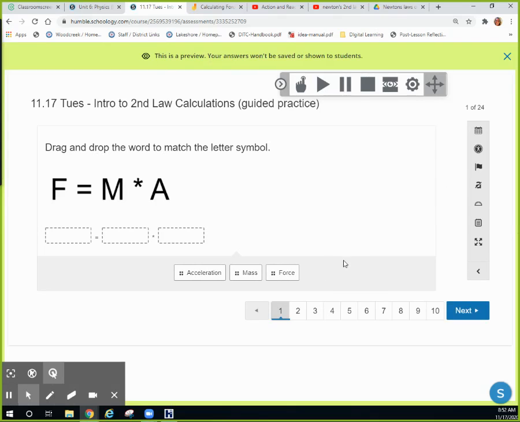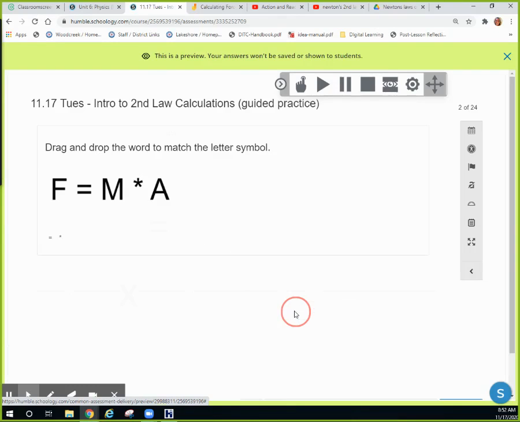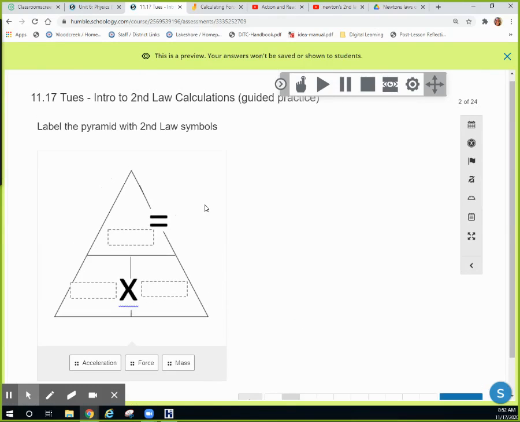The first thing we want to do in understanding this formula is ask what each of these letters means. The F stands for force, M is mass, multiplied by acceleration. So force equals mass times acceleration. And then we have our pyramid or triangle, whatever you want to call it, that we used when we calculated distance, time, and speed.